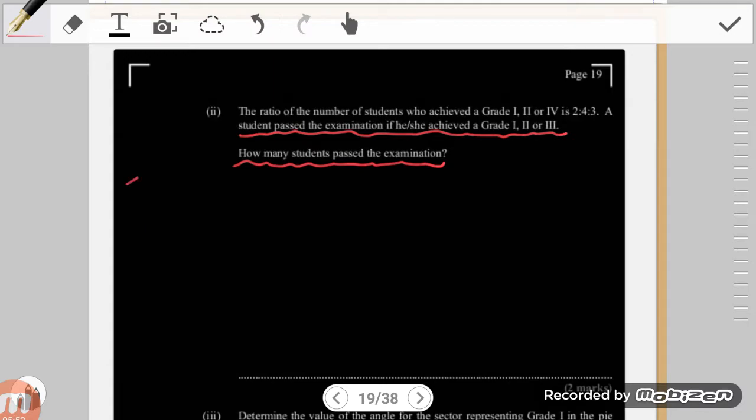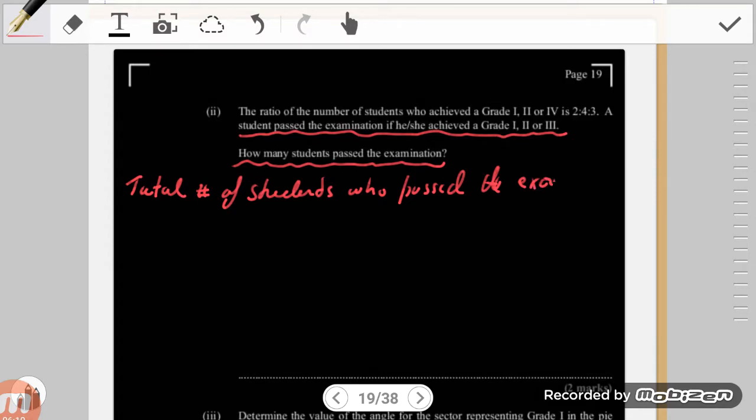I can say that the total number of students who passed the exam is equal to grade 1 plus grade 2 plus grade 3.